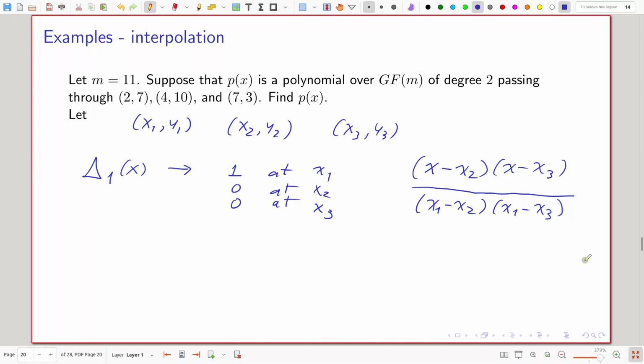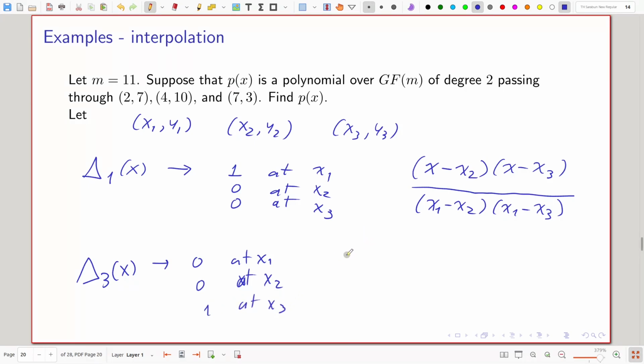So this is delta 1. So it looks like this. So you should plug in the x coordinates of your points to obtain delta 1. So let me write another, delta 3. Delta 3 you want to be 0 at x1, 0 at x2, and 1 at x3, right?